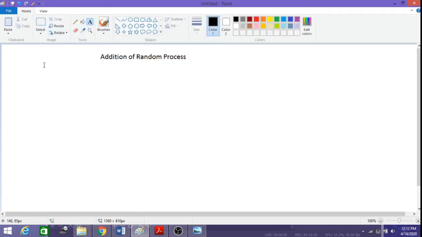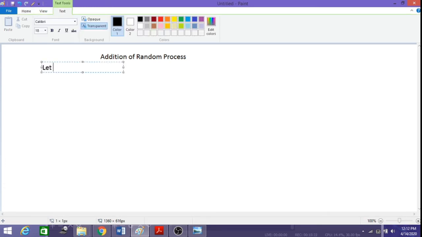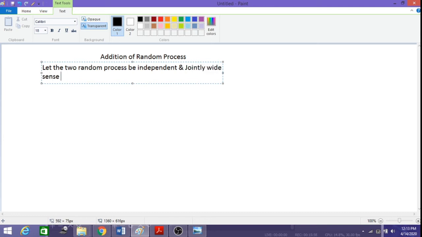Before that, we consider a case that the two random processes are independent and jointly wide sense stationary, that is X of t and Y of t.